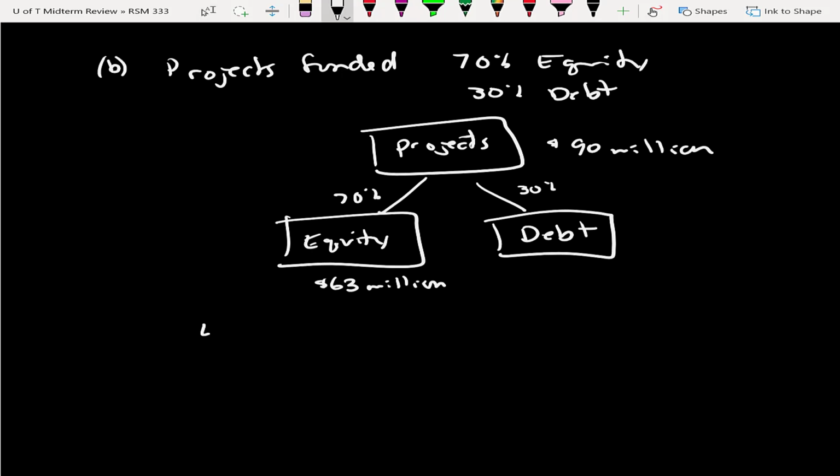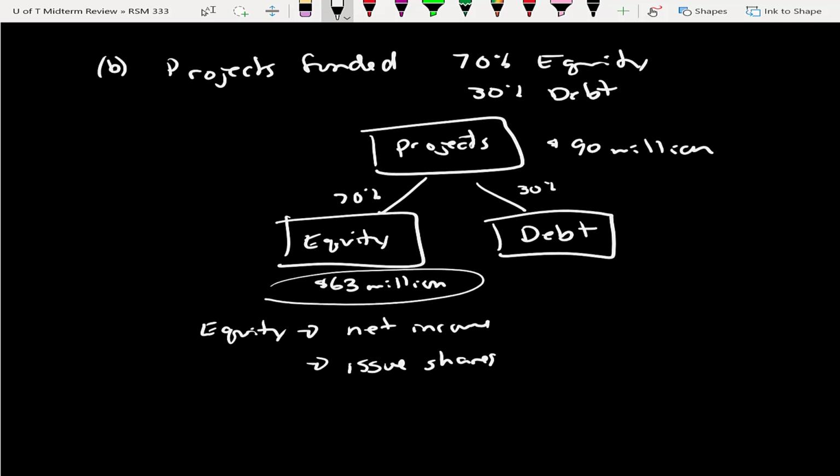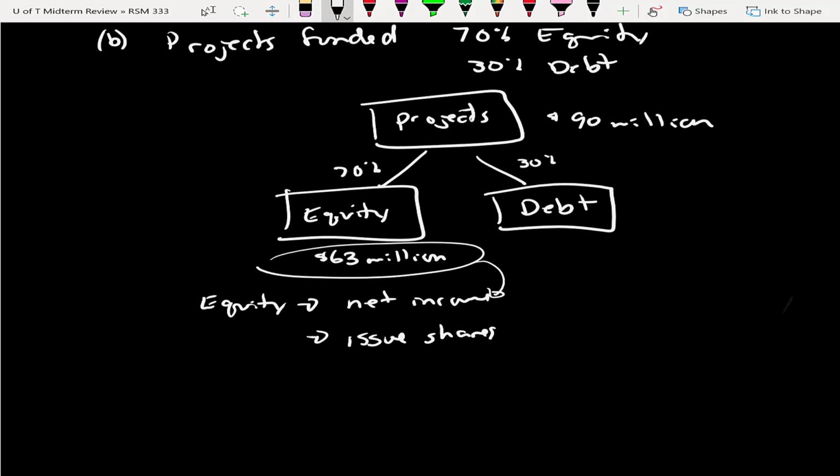Equity is either your internal cash, which is net income, or you could issue shares. Remember, net income goes to your retained earnings and it becomes part of your equity. So what they are going to do is fund the $63 million with their equity from net income. And they had 100 million available.